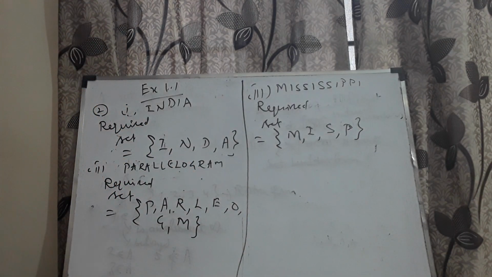M, I, S, P are the letters used to form the word Mississippi. As per the rule of forming a set, any element is written only once. For M, I, S, I need not write I, S again, and of course P. These four letters are repeated again and again.